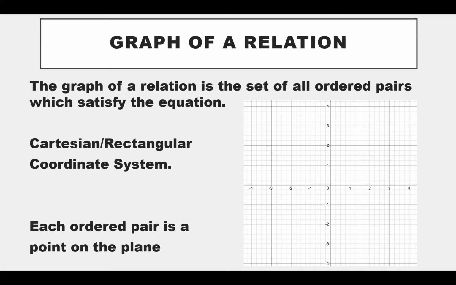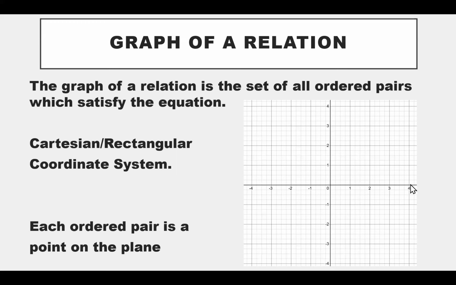We can graph a relation. Since a relation is the set of all ordered pairs which satisfy some equation, and it doesn't always have to be just a single equation, but in this case we're dealing with single equations, then each ordered pair can be represented by a point on the Cartesian coordinate system, or the rectangular coordinate system.